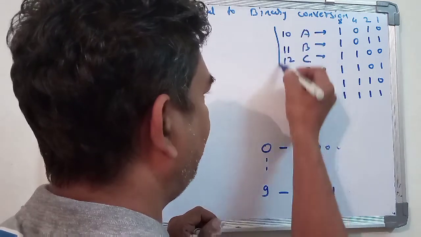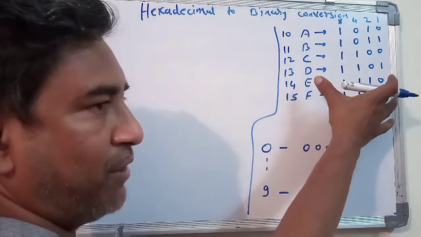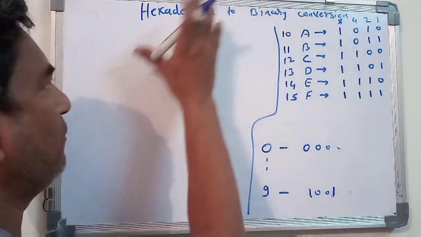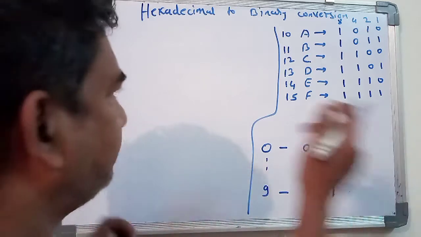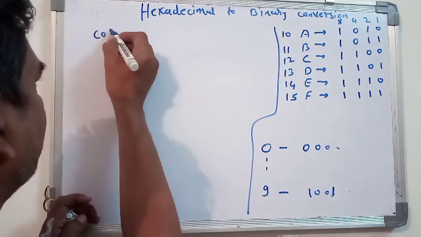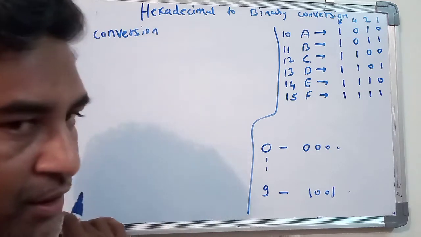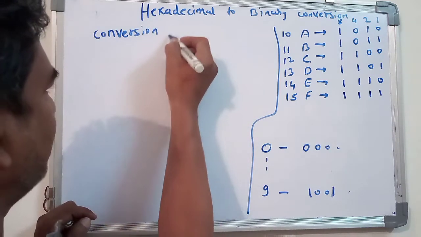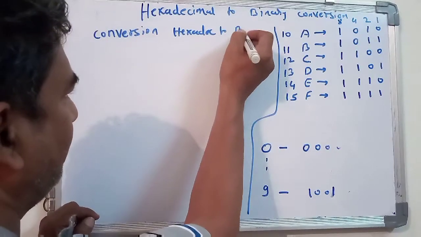So you have to keep this table in your mind, and from this table you convert hexadecimal to binary.